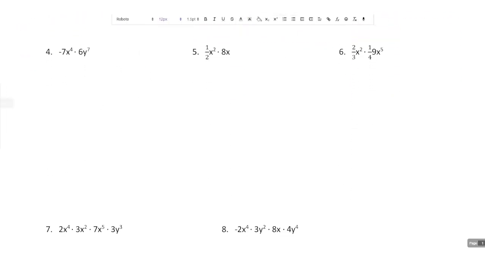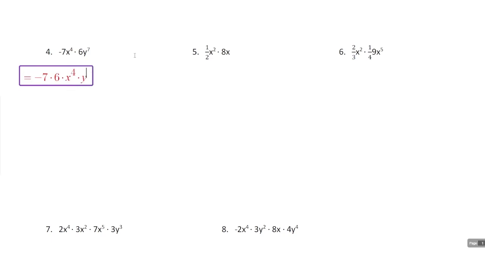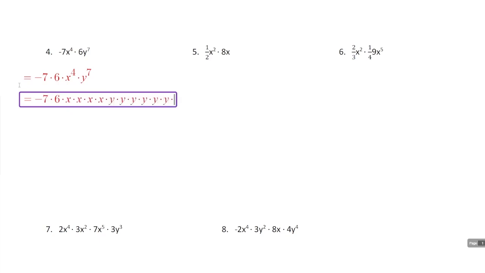Alright, so this is set up very similarly. First we'll regroup. Negative 7 times 6 times x to the fourth times y to the 7th. Now normally what I would do is expand this out, but since you can't multiply x's and y's and simplify those together, they're different variables, there really is no point in doing this, but I'm just going to work them all out the same way so you can kind of see.